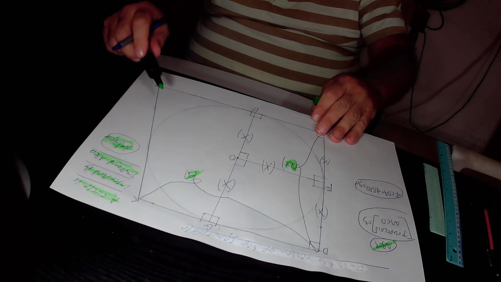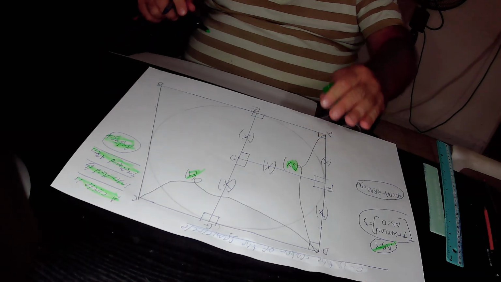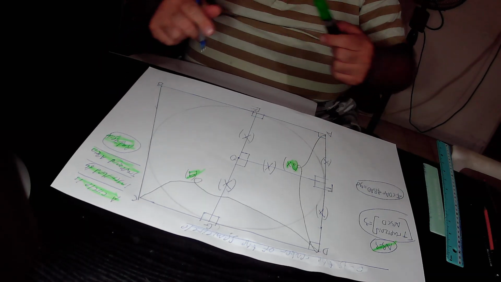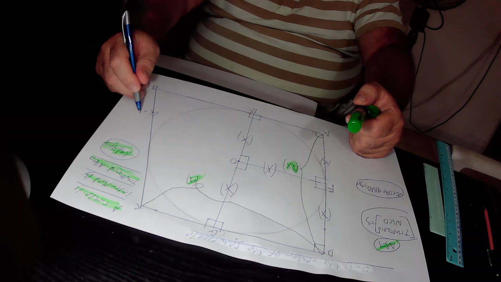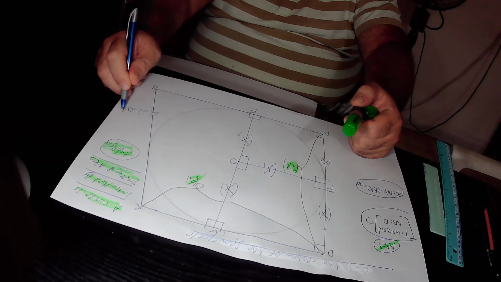This is the missing side CB. This equals a plus 3 minus 2x units in its length.